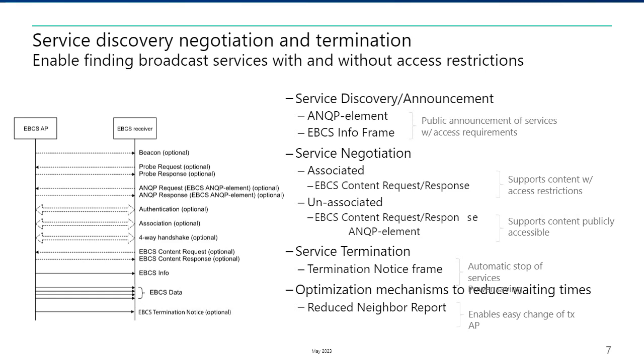Also, we have means of enabling an easy change of the AP you reside in by having reduced neighborhood reports, providing you information on the corresponding discovery and services available in your next AP.